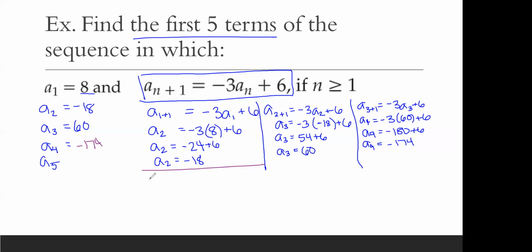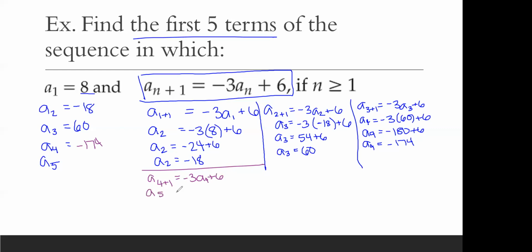Now I need the fifth term, the last one. So that's a sub 4 plus 1 is equal to negative 3 times a sub 4 plus 6.